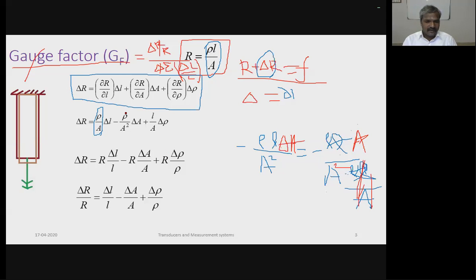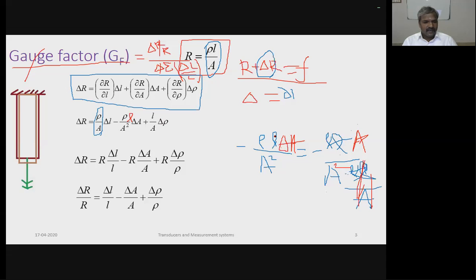You keep minus rho, here it's L. Or minus rho L by A square into this is minus rho L by A square plus, here differentiating this with respect to rho, keep rho constant, L by A. So L by A del rho is there, del rho into 1, with respect to rho is 1.